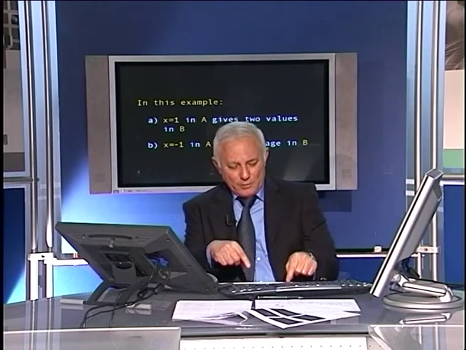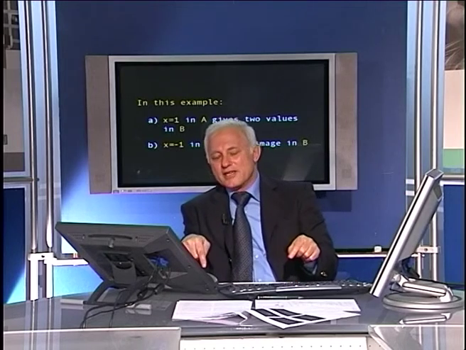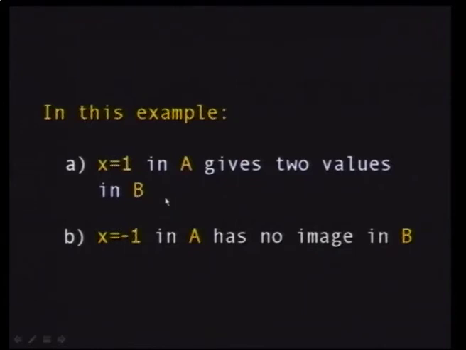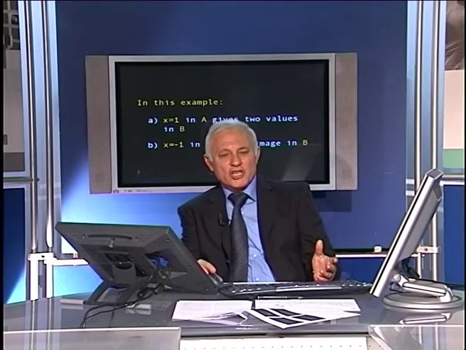And in this particular example, we also saw that one element in A, in the first set, is associated with 2 elements in Y. X equal to 1 in A gives 2 values in B in the second set. And again, X equal to -1 in A has no image in the set B, because there is no such Y satisfying Y squared equal to -1.